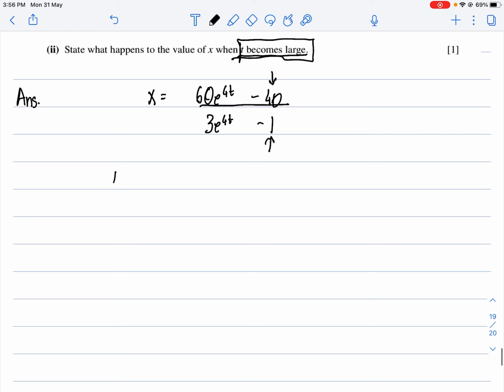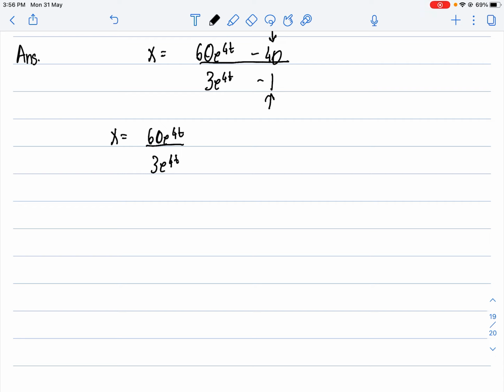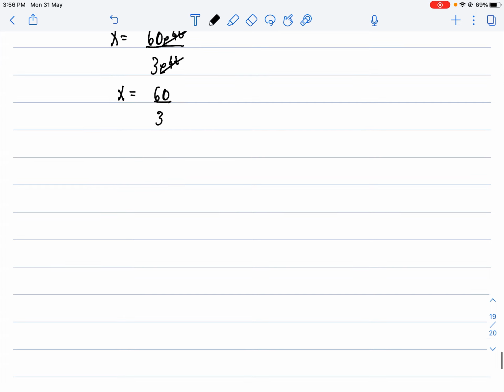So x is equal to 60e^(4t) over 3e^(4t), because 40 and minus 1 are insignificant. Now cut both of these to get x equals 60 over 3, which gives me x basically as 20.